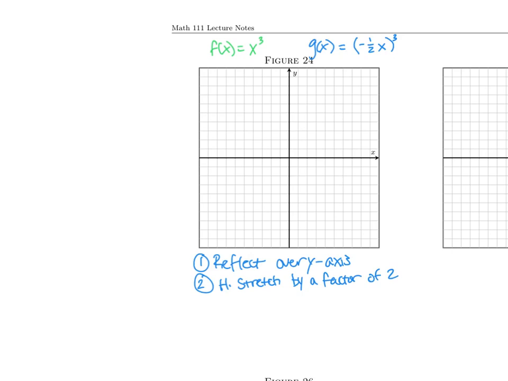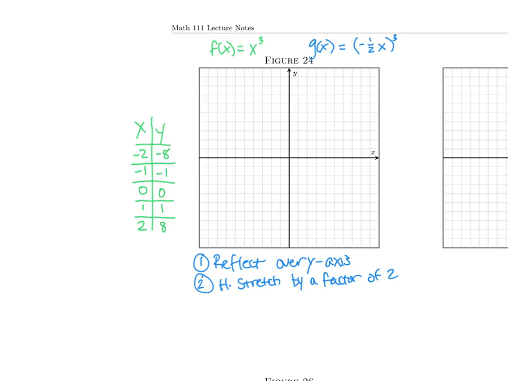Let's get this graphed. So first, let's get our parent graph situated. And this one, I'm going to be using the same x values that we do for x squared. So it's -2, -1, 0, 1, and 2. And then from there, -2 cubed is -8, -1, 0, 1, and 8.